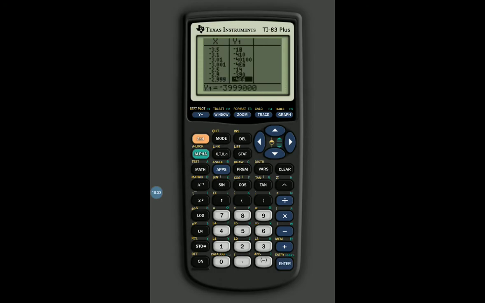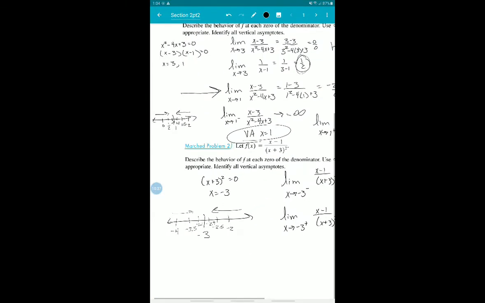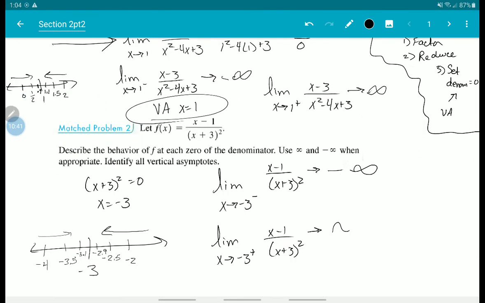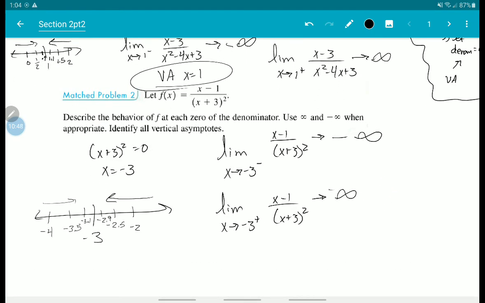So you can see how we're really heading towards negative infinity from the right-hand side as well. So this is showing unbounded behavior, negative infinity. And since we have unbounded behavior, then that means we have to have a vertical asymptote at x equals negative 3. That is our conclusion.